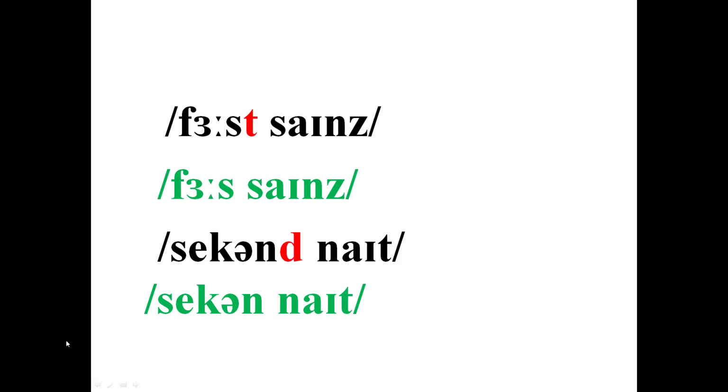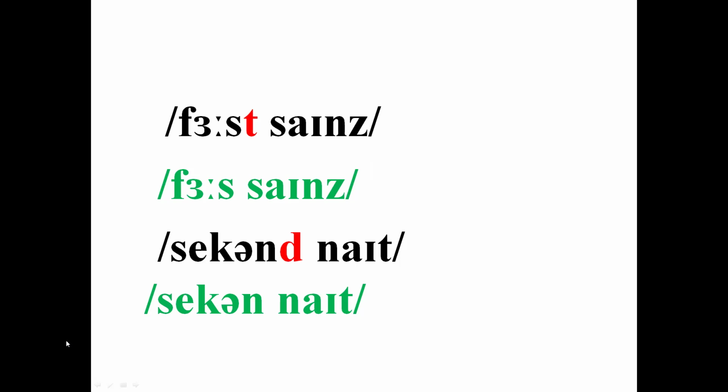Such dropping or omission of sounds is called elision. The sounds that disappear are called elided sounds. So t is elided in "fasts signs" and d is elided in "second night". In simple words, elision means leaving out certain sounds during fast or natural speech to make pronunciation easier or smoother.